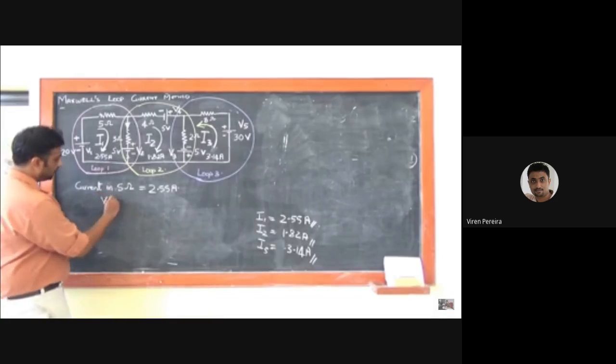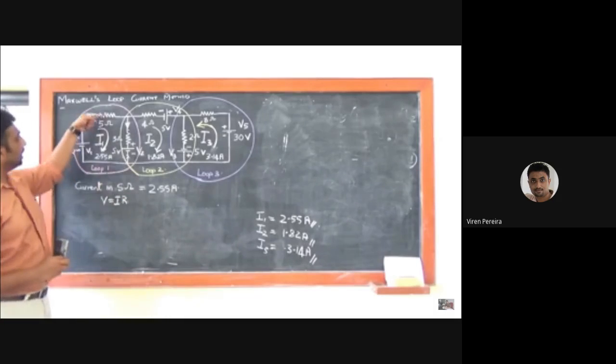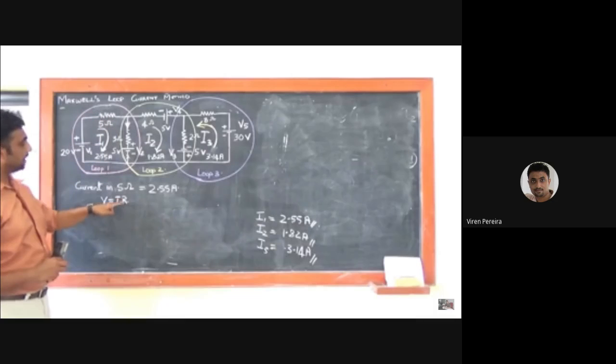What is the voltage in this resistor? As we know, V equals I into R. So V equals I into R. What will be my voltage across this? I have 5 ohms, I have my resistor value. I have my current value.